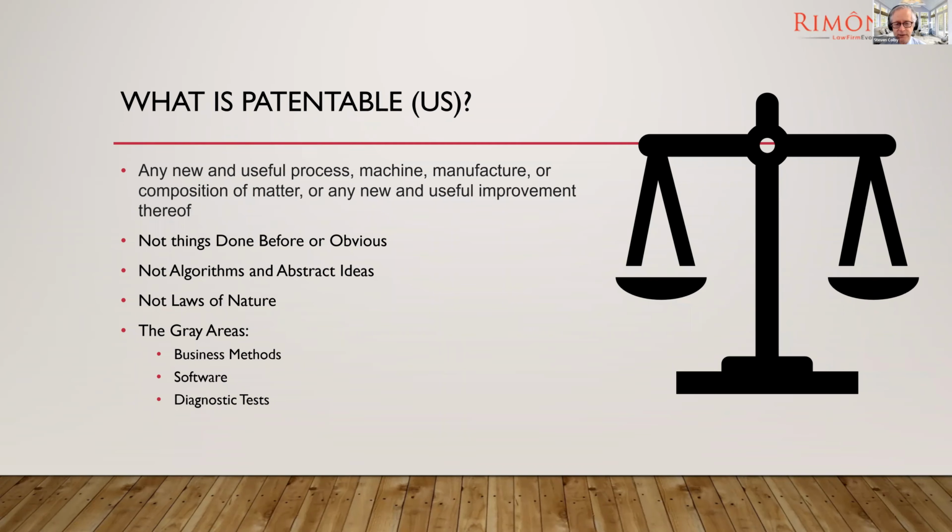There are some gray areas in what's patentable. Business methods were a popular area for a while, and they've pretty much been cut down. If you have a patent application that's a business method, you're going to want to be very careful with it.